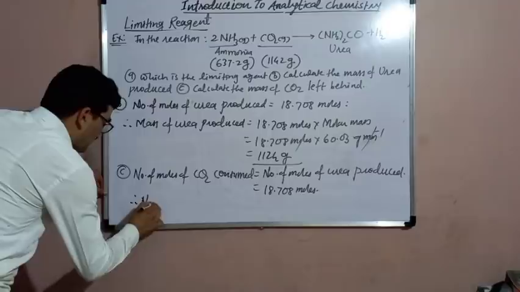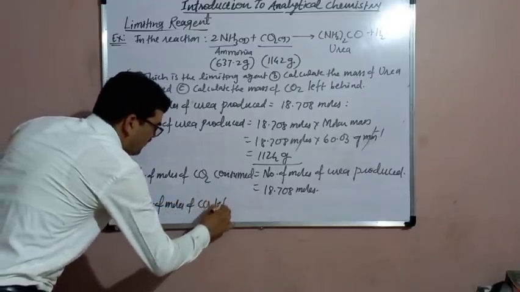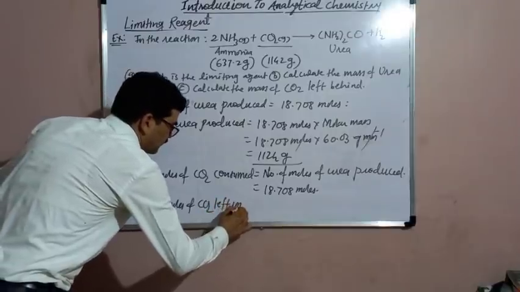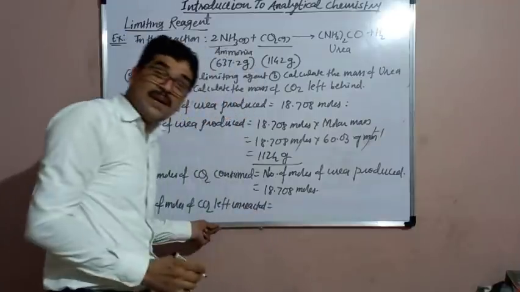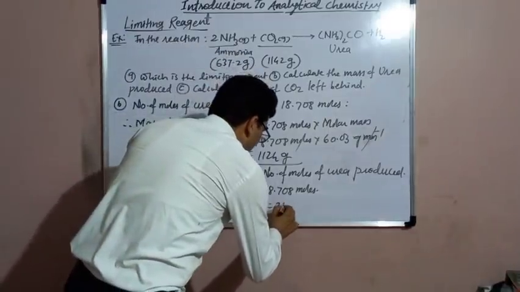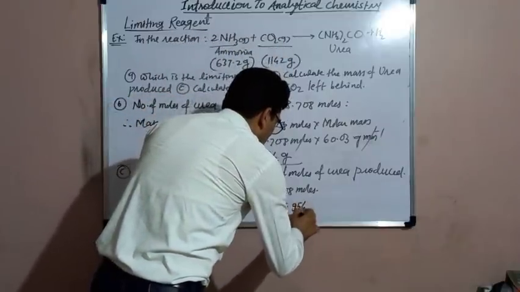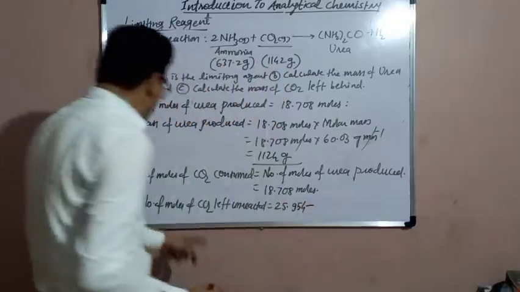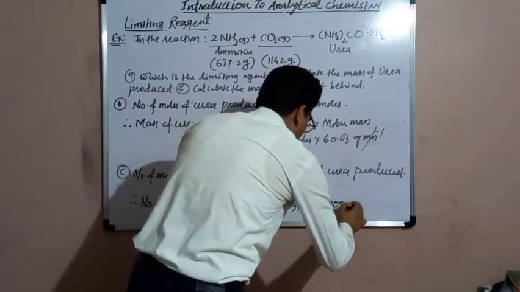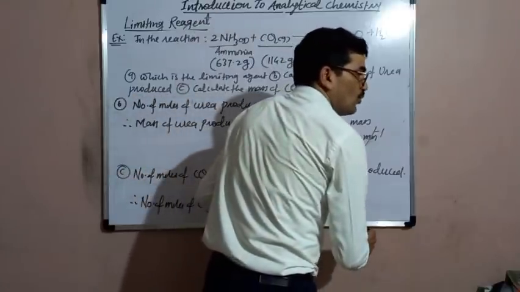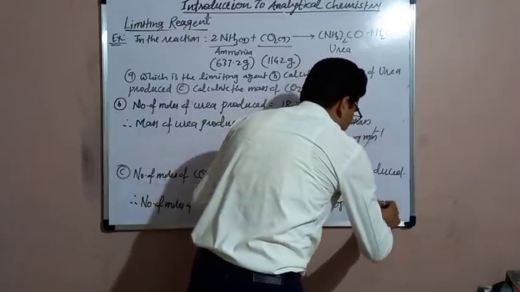Therefore, number of moles of CO2 left unreacted is equal to initial number of moles of CO2, 25.954, minus number of moles of CO2 consumed, that is 18.708, equal to 7.246 moles.